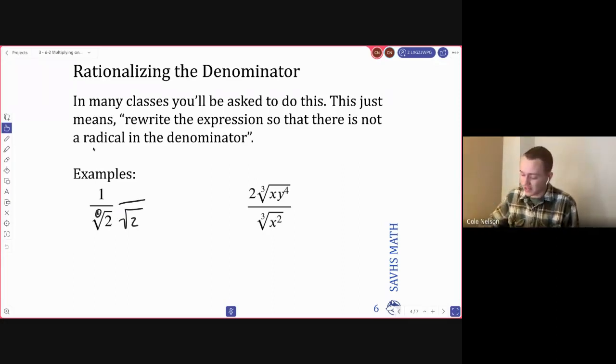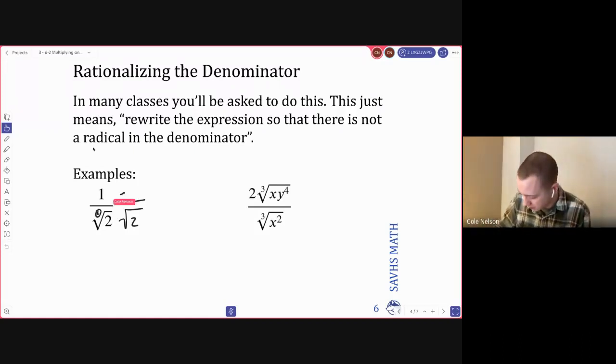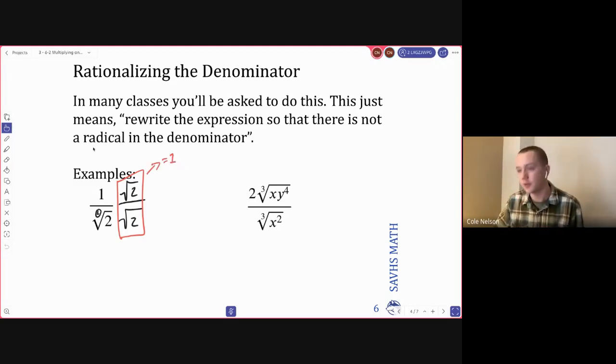But as soon as I did that, I just changed the value of the expression. So I have to compensate for that by putting something on the numerator also. Now, this right here is equal to 1 because it's the same thing divided by the same thing. So you're not changing the value at all. You're multiplying by 1. It's just a clever form of 1. Okay.